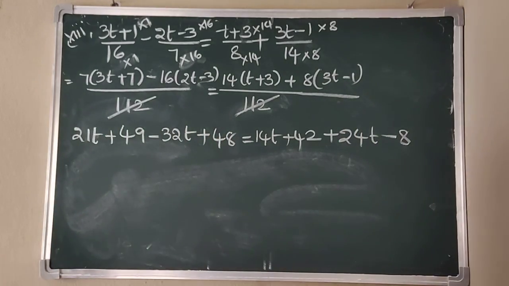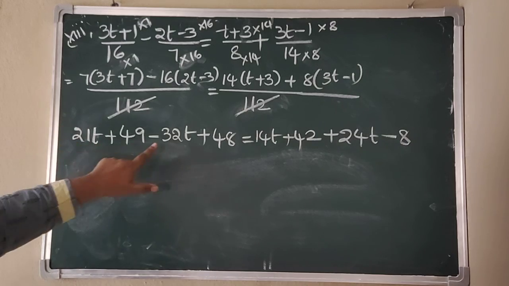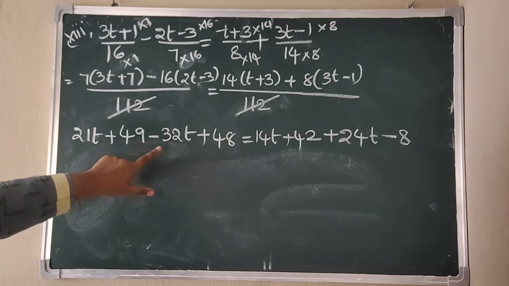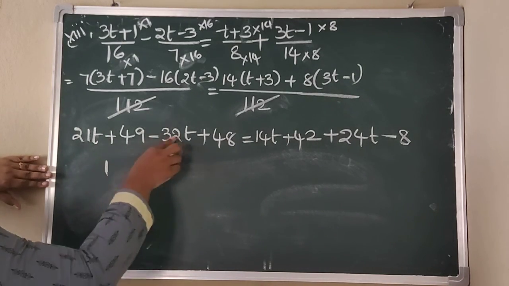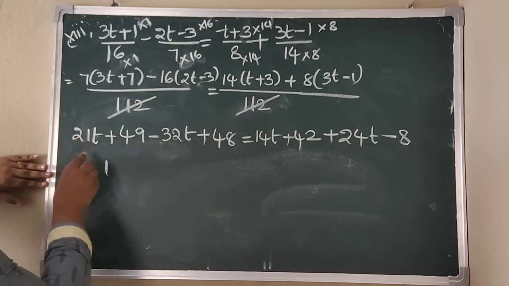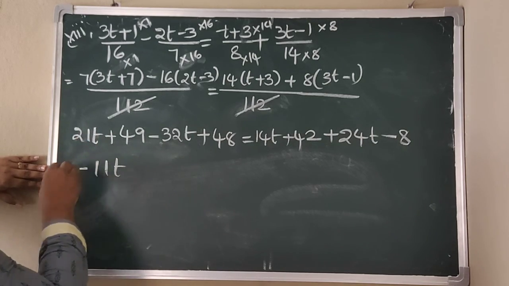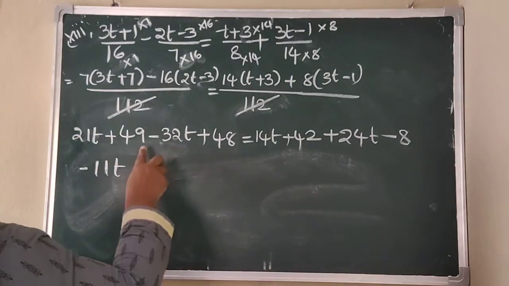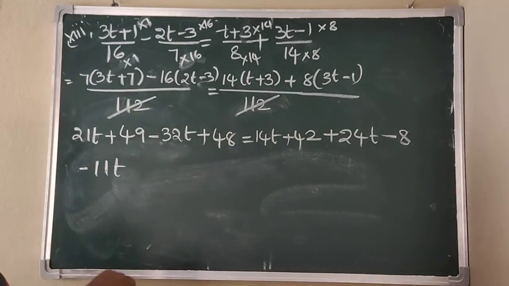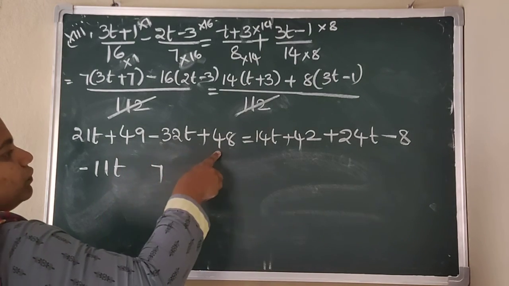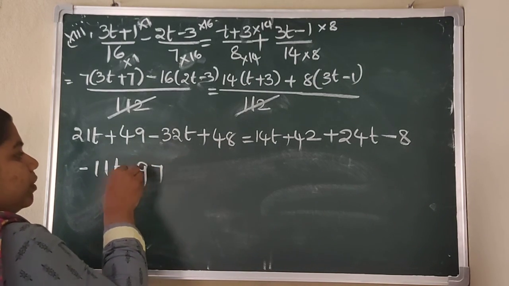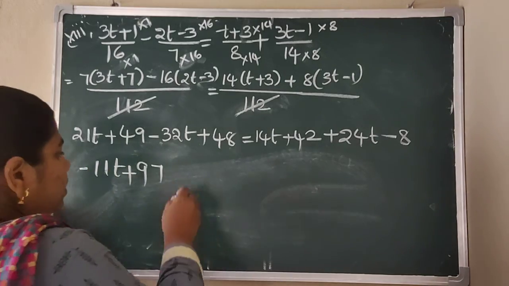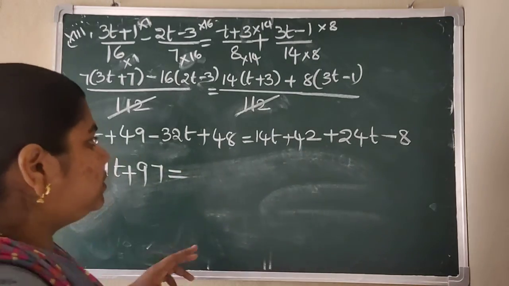Now like terms you add first. Here 21 minus 32 will be minus 11t, and here 7 plus 48 is 55.